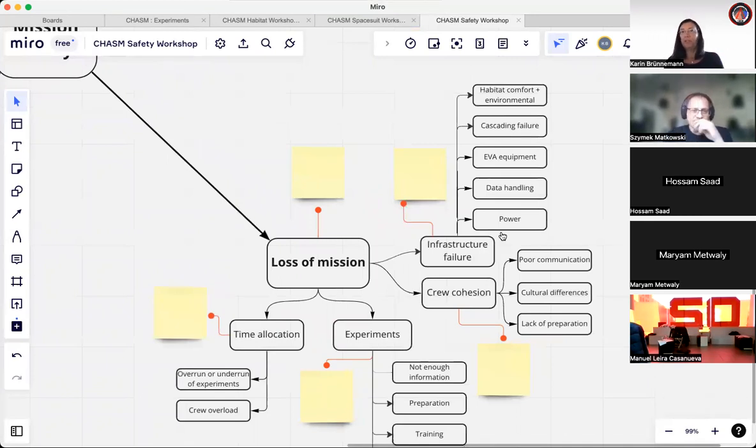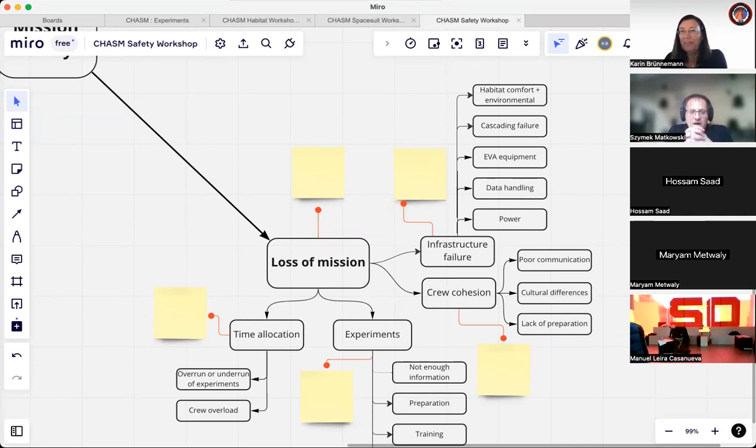Yeah, we have no power, therefore we have no internet, therefore the water pumps don't work anymore. That can happen. And then, of course, the habitat comfort. Maybe there is no heating, or it's getting too hot, there's no air conditioning, or it's raining into the habitat, something like that.